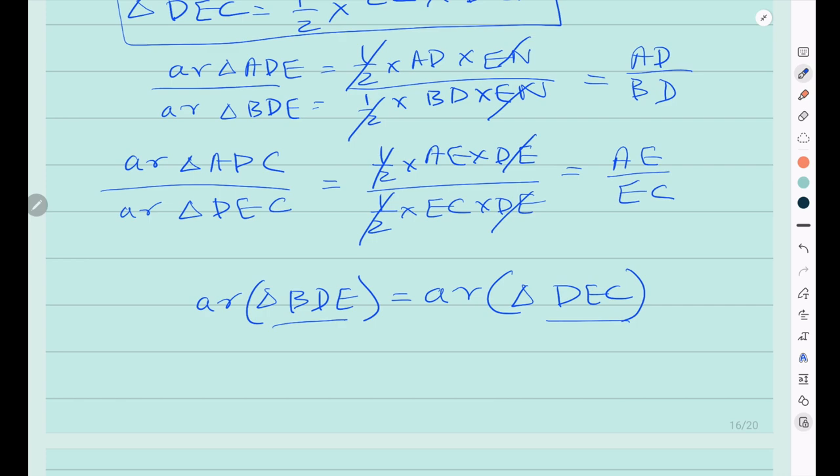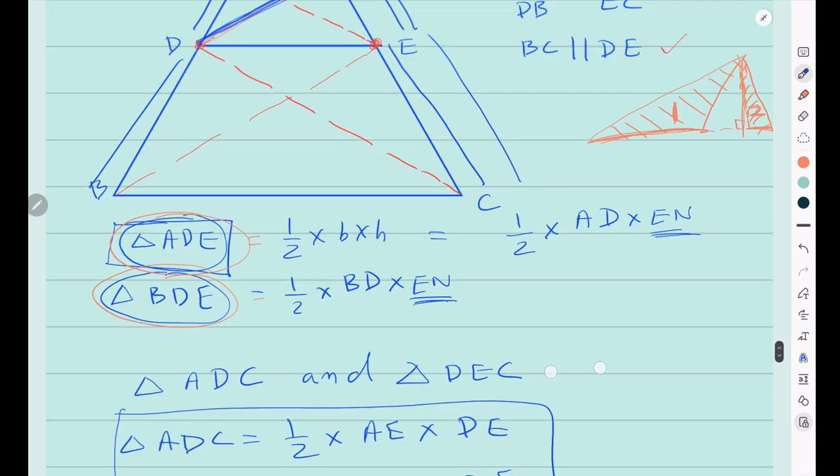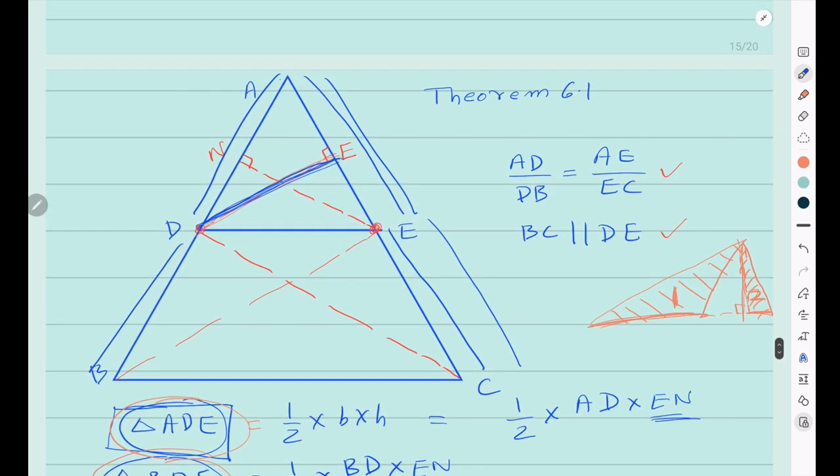BDE and DEC. Where is BDE? BDE is this triangle, and DEC.